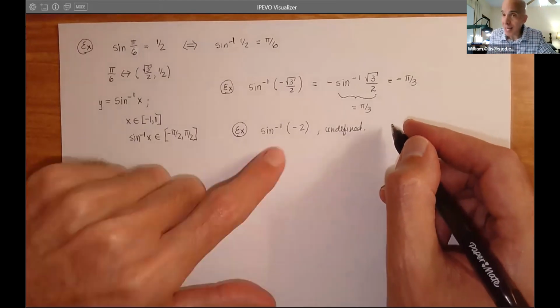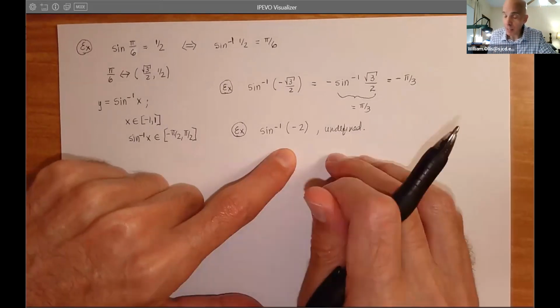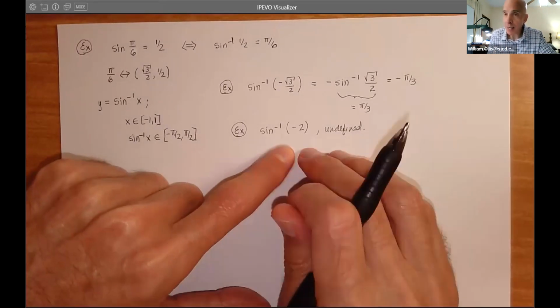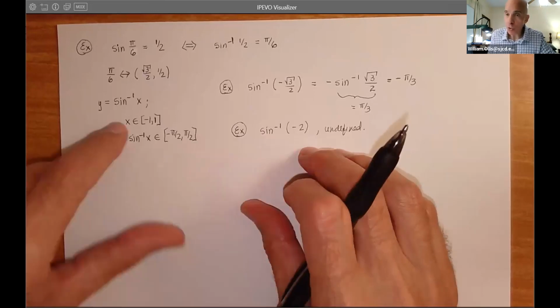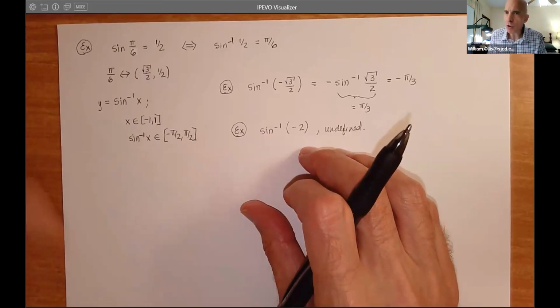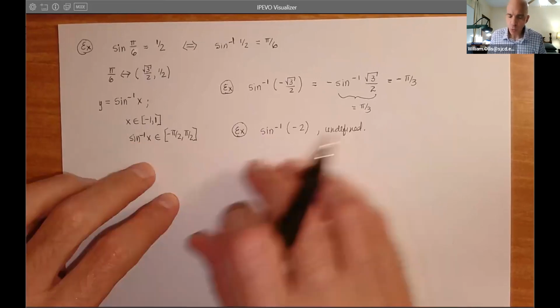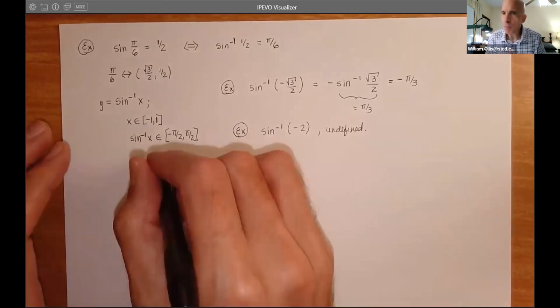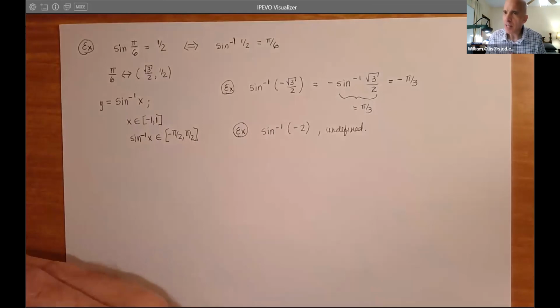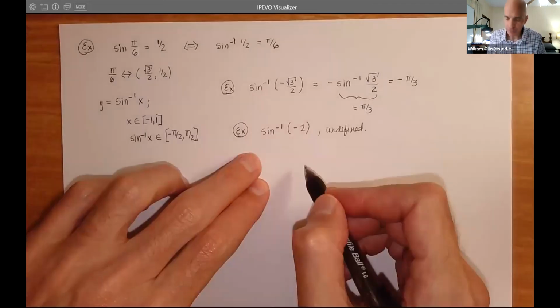But when it comes to the inverse sine function, there's a lot less flexibility. So if you get to something like this, you think, where's my note card on inverse sine? Oh, don't worry about it, I know it, I'll just write it down. So when you do these problems, just quickly jot down the range and domain of the inverse trig function, and then that covers you. That way you know what you're dealing with. So this wouldn't work. This is undefined.